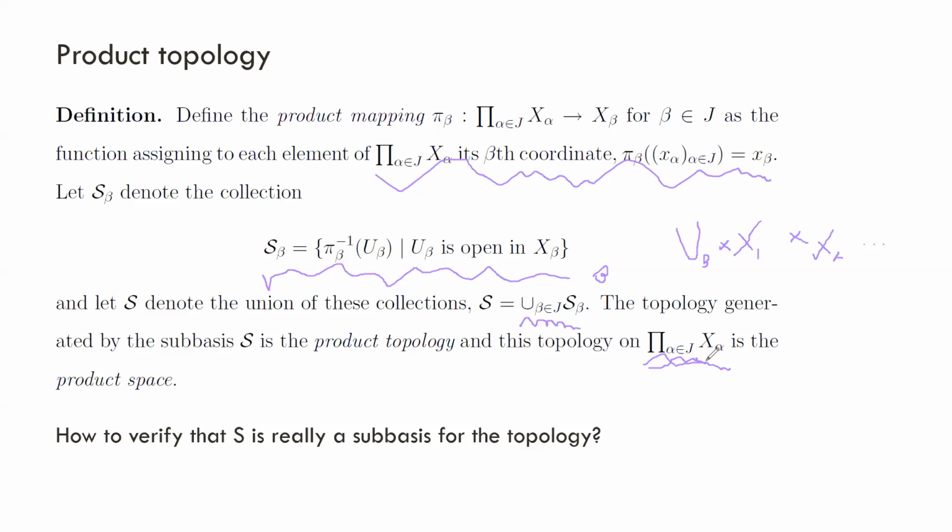Yes. So basically if you visualize it, you take an open set and then everything else in all possible directions. So that takes a part of the space, right? Yeah, all the other spaces except the one where we have a restriction, like U beta. Okay.